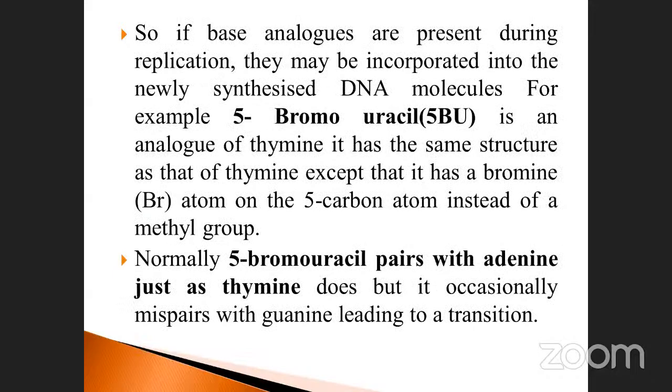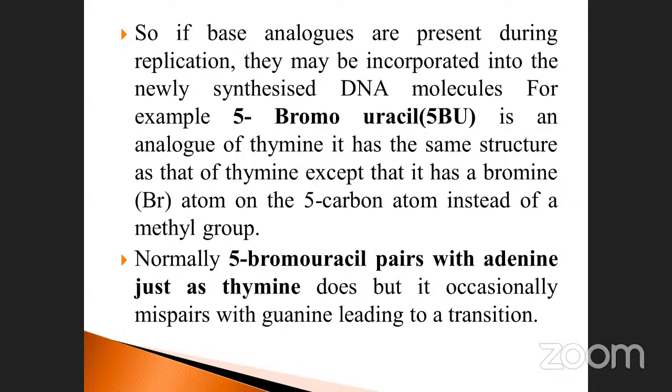If base analogs are present during replication, they may be incorporated into the newly synthesized DNA molecules. For example, 5-bromouracil. Uracil is the component, and 5-bromo means a bromine is added at the 5th carbon atom.